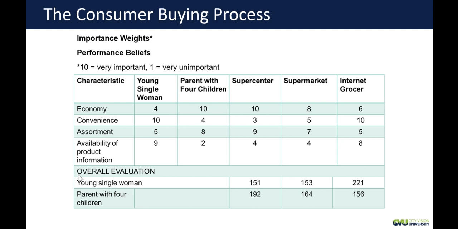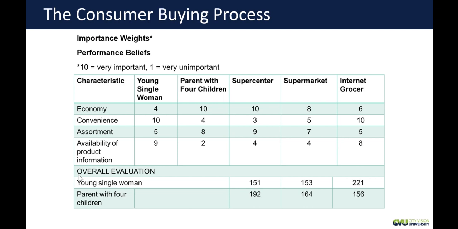Now, how do you get those numbers? Well, if you take the 10, which is the importance of the economy for the parent with 4 children, multiply it by the 10 for the supercenter, that gives you 100. Then if you go through and you do the rest of the numbers, 2 times 4 is 8, 8 times 9, 72, that's 80. We have 100, that's 180, and then 4 times 3, 12. Add all those numbers together.